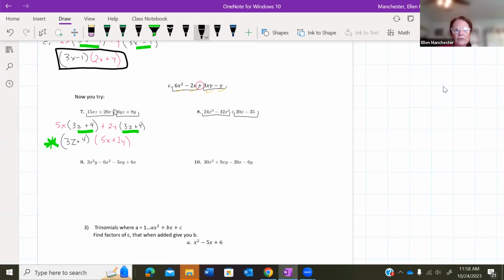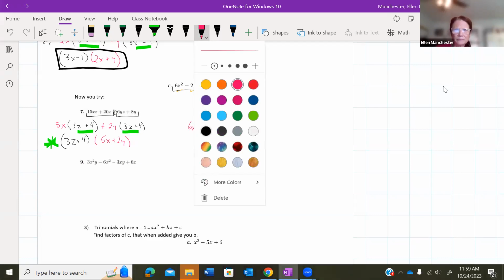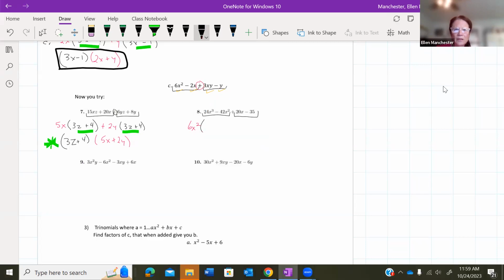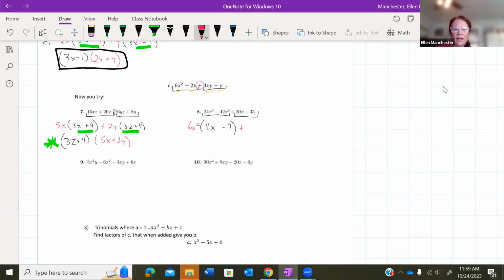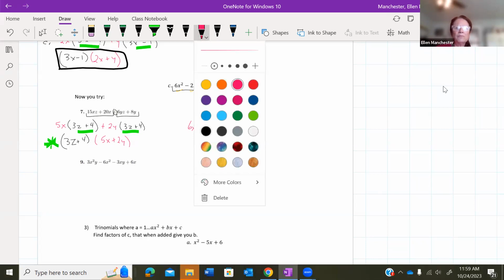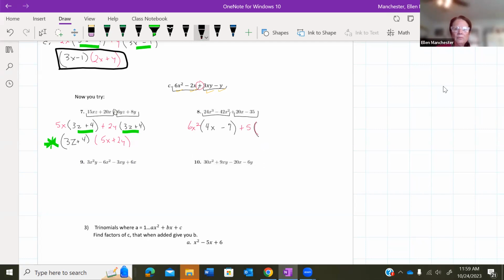All right. So number 8. We have 6x squared, and then we have 4x minus 7. Plus, and then I have 5 times 4x minus 7.